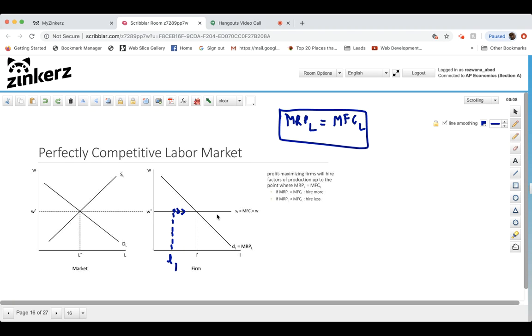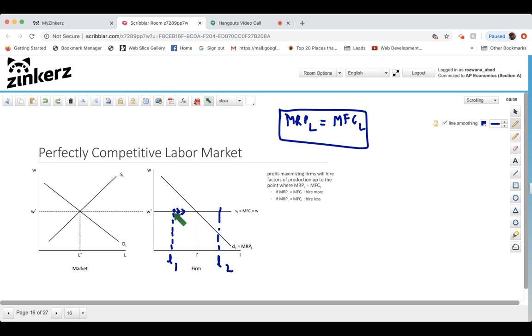And let's say we went too far and we were somewhere over here, at L2. At this point, the marginal revenue product is over here, but the marginal factor cost is all the way up there. So in this case, you have hired too many workers, and your additional cost from hiring an extra worker is more than the additional revenue that the worker can bring in.